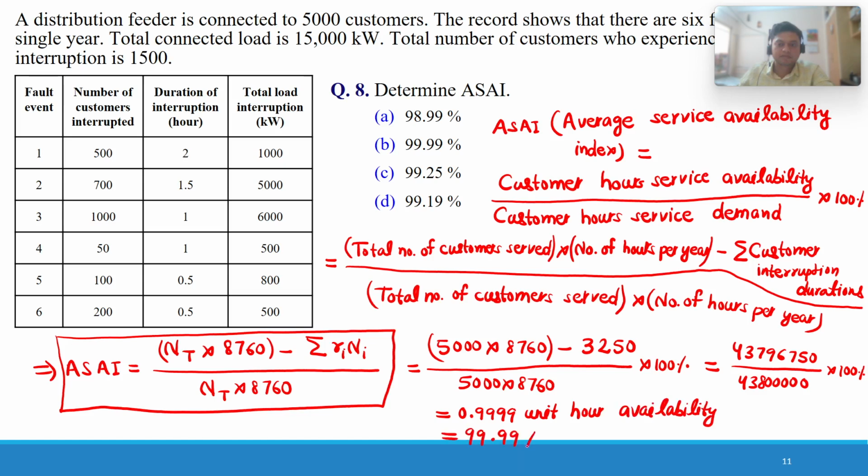That will give you 99.99% of service availability. So the correct answer for this question number 8 is B, ASAI.